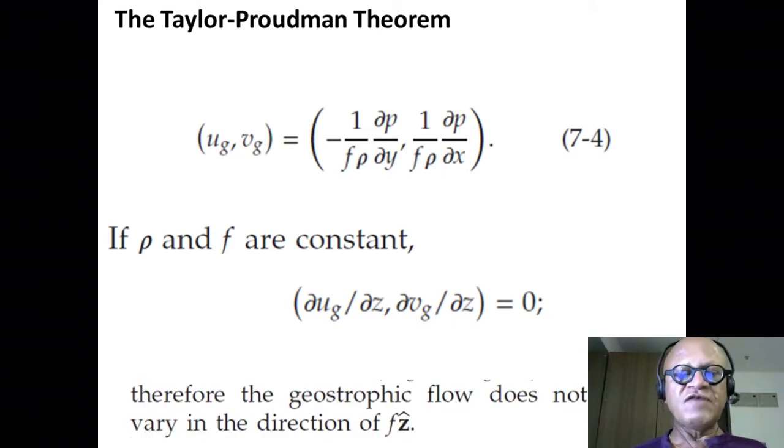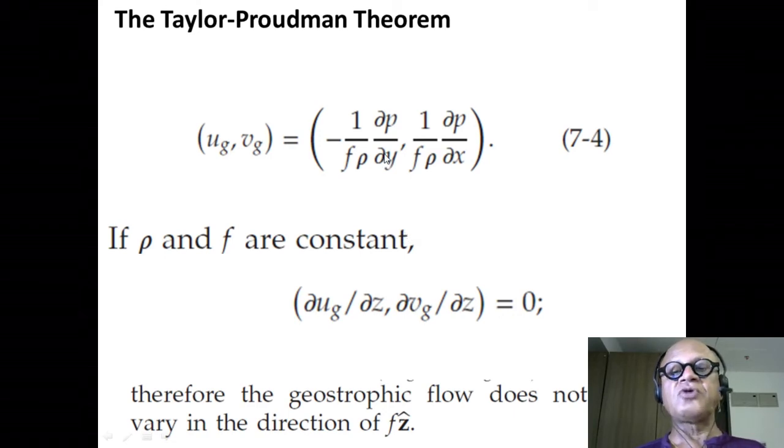So for the geostrophic flow, we can use hydrostatic balance and get the gradients du_g/dz and dv_g/dz to be 0.